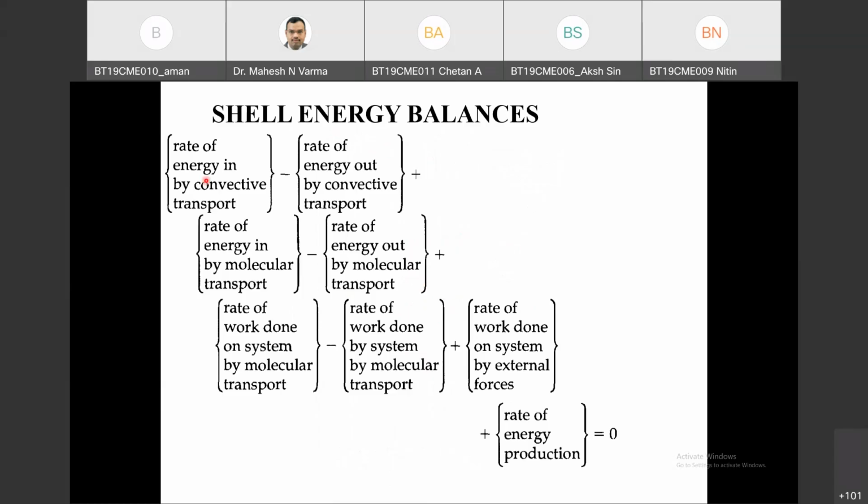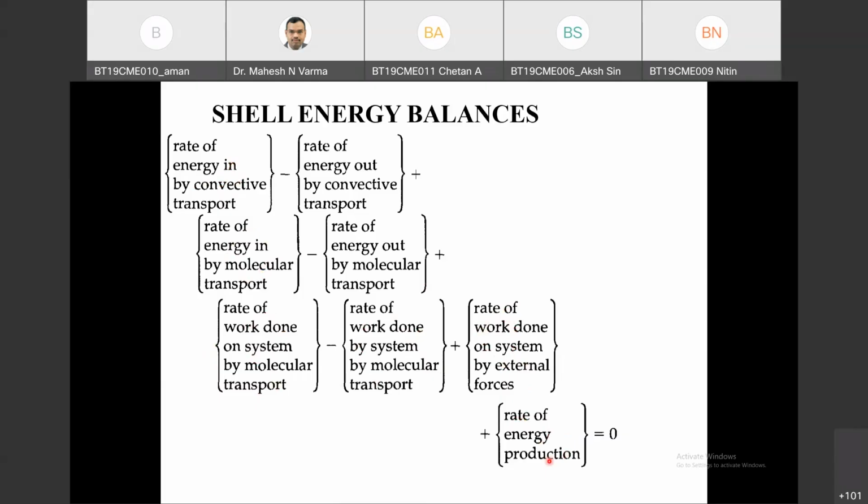So this is the overall energy balance equation. There is no convection because molecules are not moving. As molecules are not moving, this is zero, this is zero, and there is no external addition of heat energy. Only rate of energy production is there.